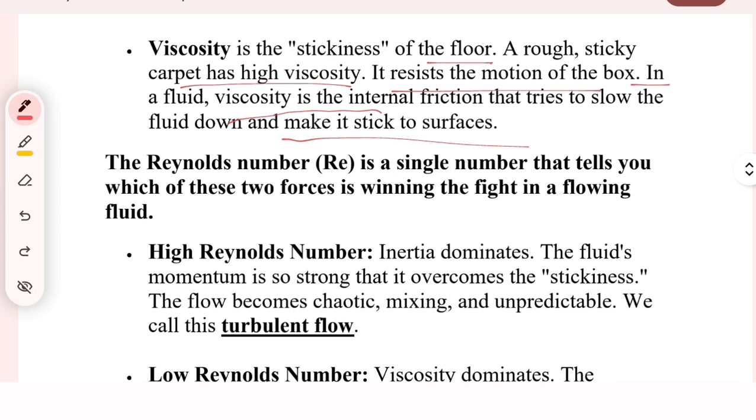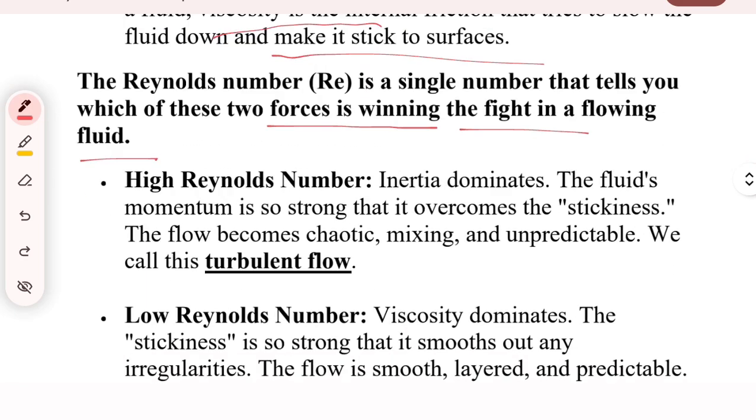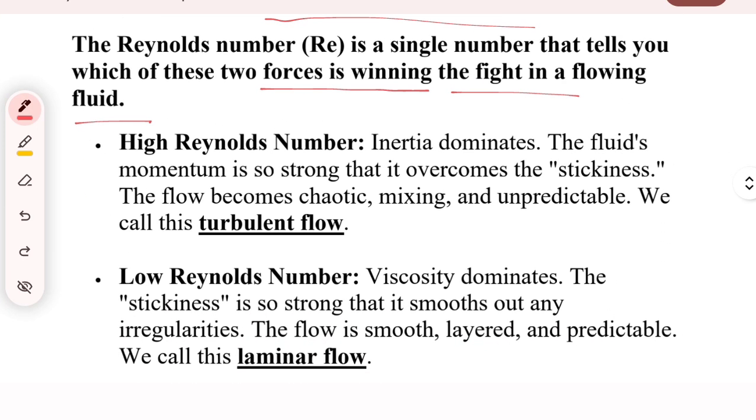So the Reynolds number is a single number that tells you which of these forces is winning the fight in the flowing fluid. If there's a flowing fluid and you want to know who won, look at the Reynolds number, because it tells you exactly which force is winning the fight. A high Reynolds number means the inertia dominates.